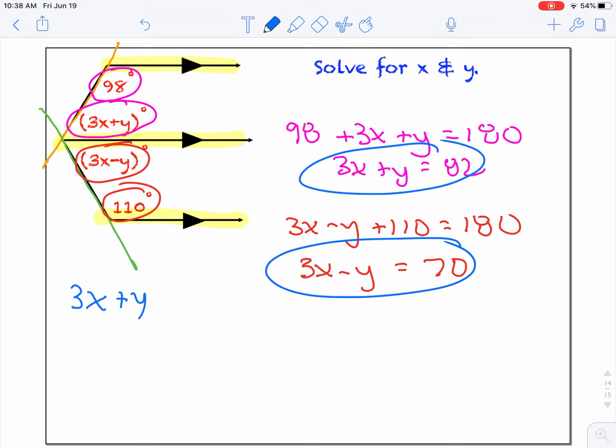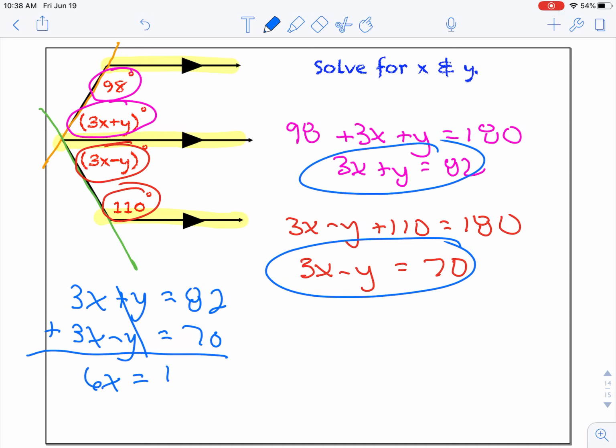And now I'm going to set up a system of equations, and I can actually use elimination here. So 3x plus y equals 82, 3x minus y equals 70. Add the two equations together, the y's eliminate, and I get 6x is equal to 152.